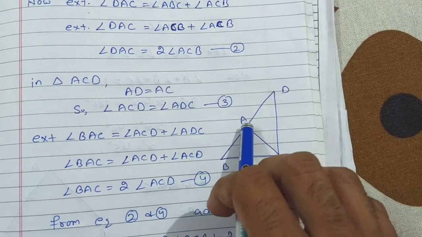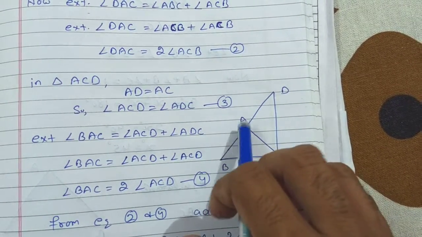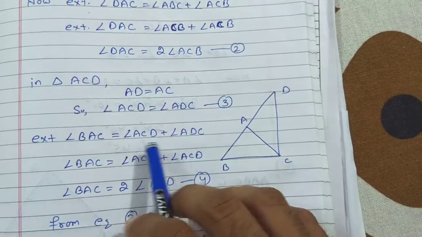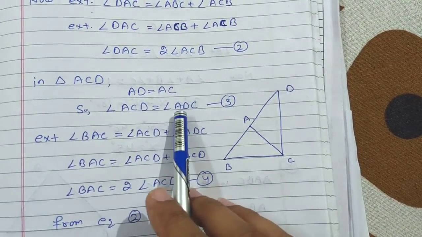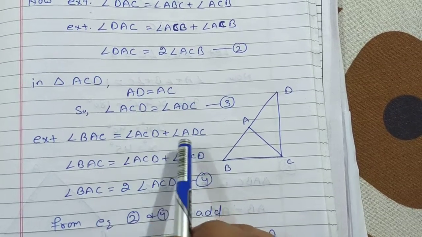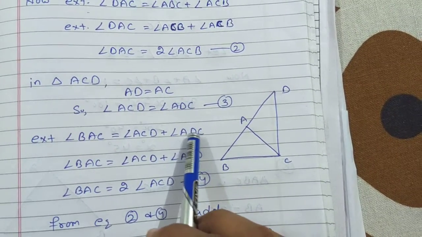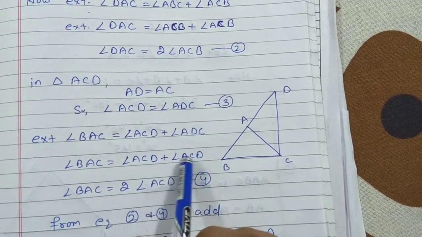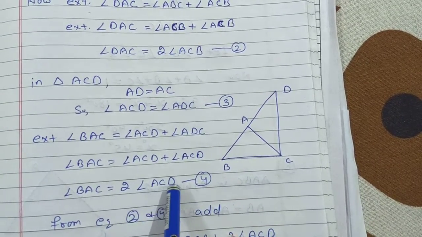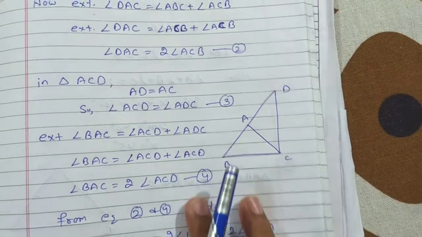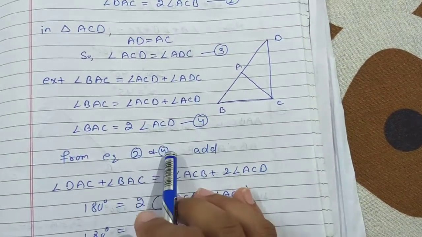BAC is equals to ADC plus ACD. But here you know that angle ADC is equals to angle ACD, so we put ACD instead of angle ADC. So just add these two, that is 2 angle ACD, that is equation number 4. Now add equation second and 4.